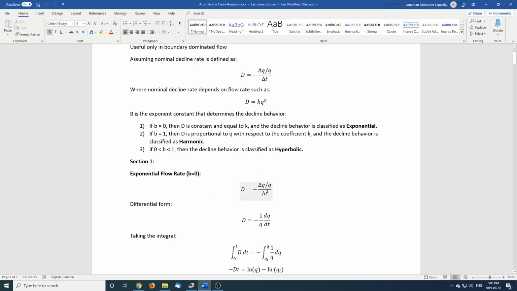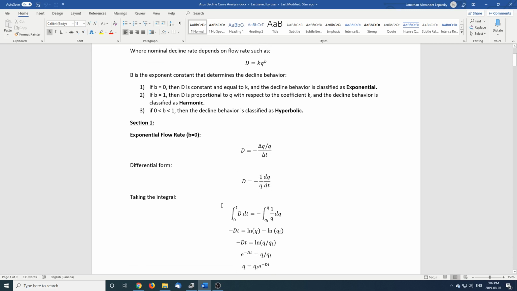And all we're going to do is turn this into a differential form. So delta Q becomes dQ and delta T becomes dt. We take this Q on the bottom and move it out to the front. So then we have dQ over dt, and the Q moved out, so 1 over Q. That's the form of the equation that we're going to integrate.